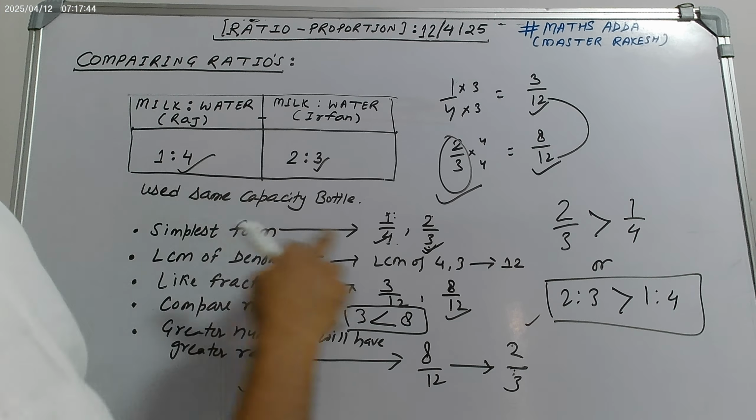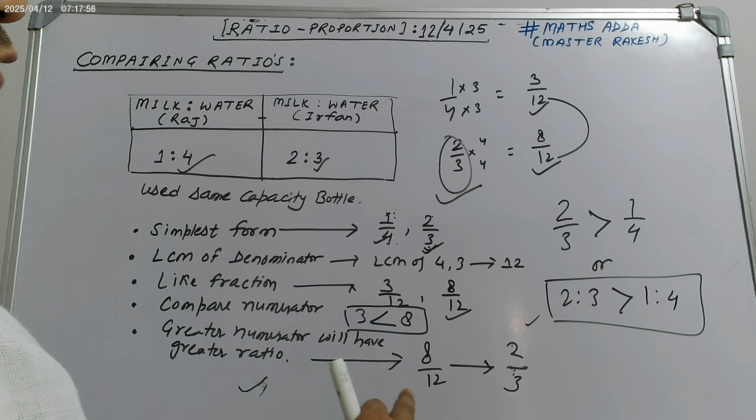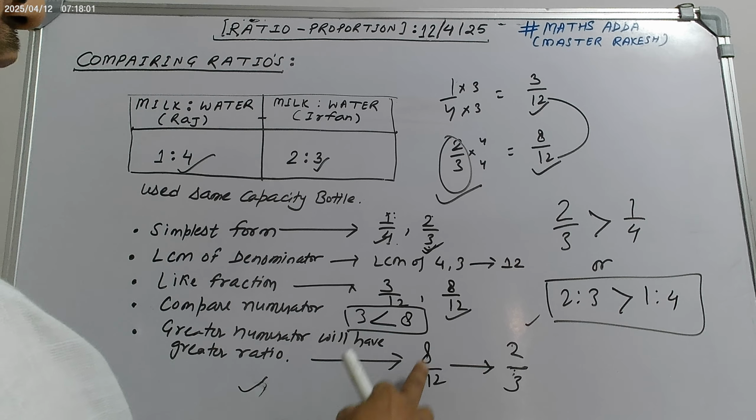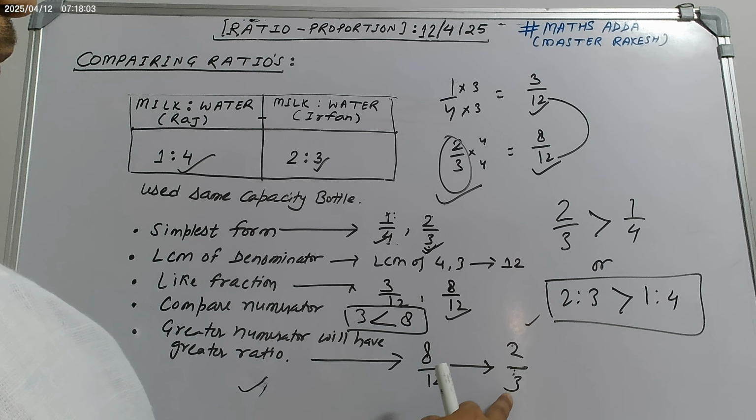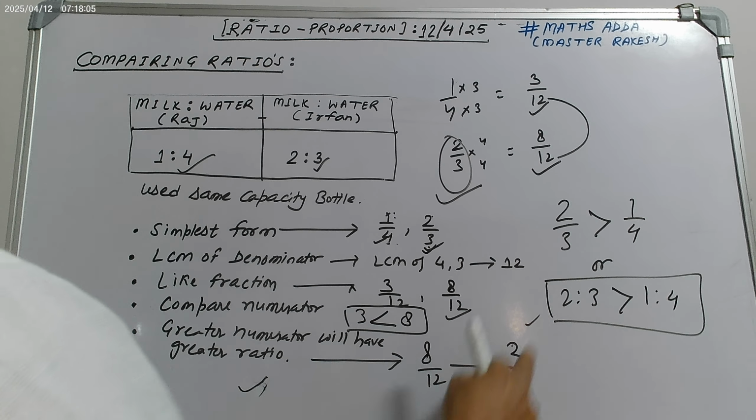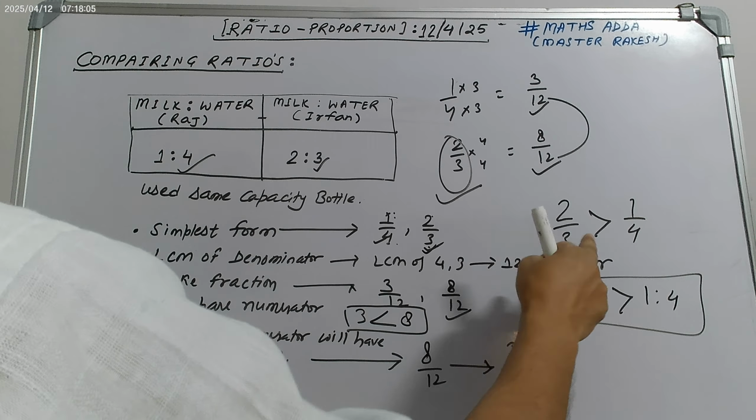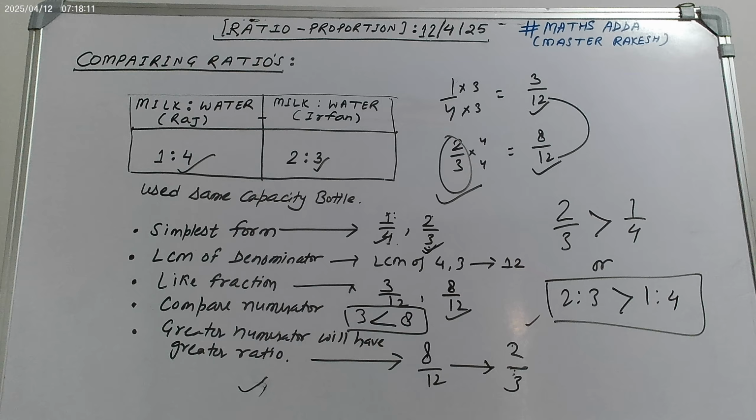Then compare the numerators. 3 is lesser than 8. Whichever numerator is greater will have the greater ratio. So 8/12, meaning 2 upon 3, is greater. So 2 upon 3 is greater than 1 upon 4. It means 2:3 is greater than 1:4.